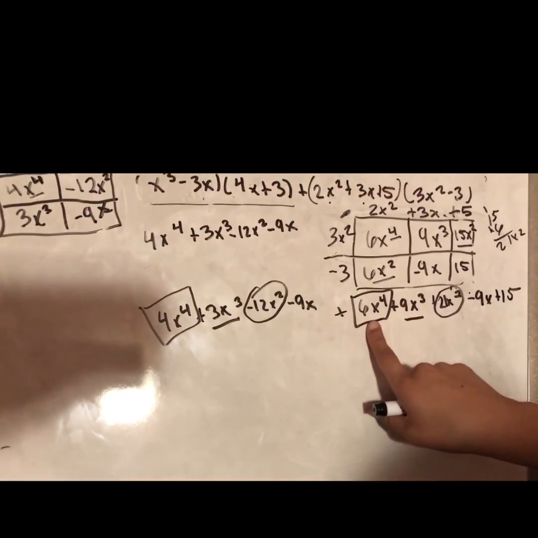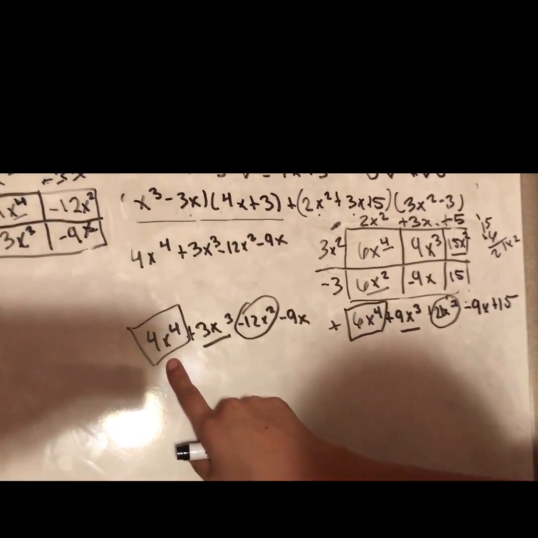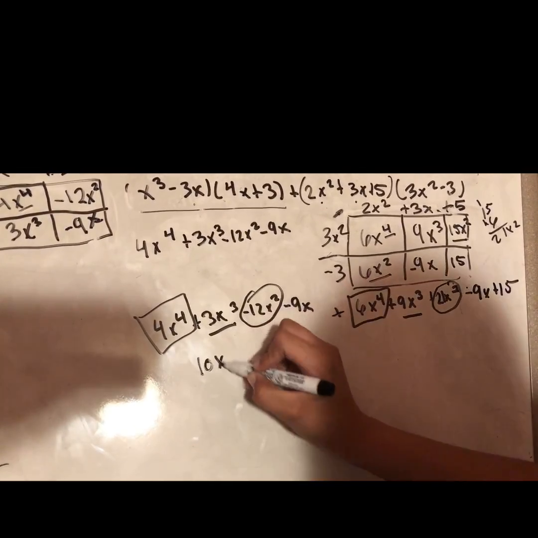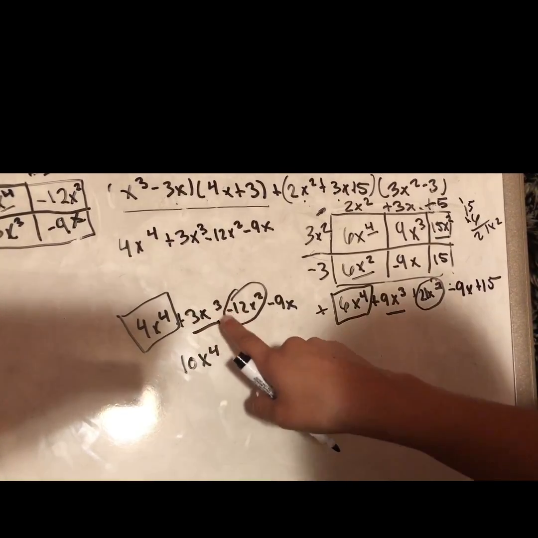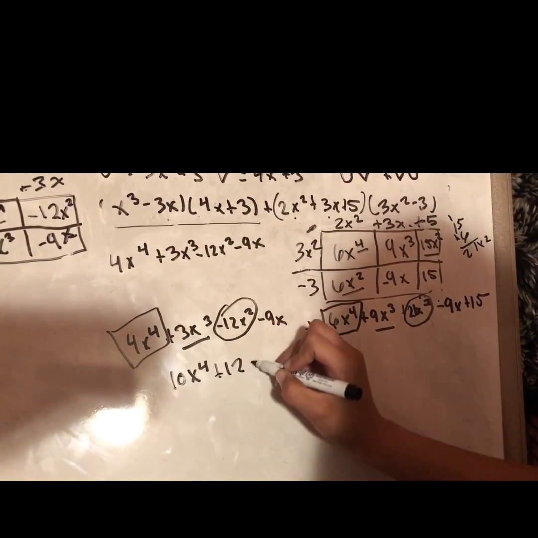So 6x to the 4th plus 4x to the 4th is going to be 10x to the power of 4. So now 3x cubed plus 9x cubed is 12x cubed.